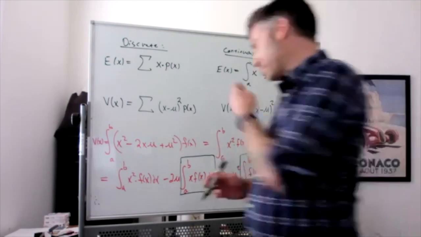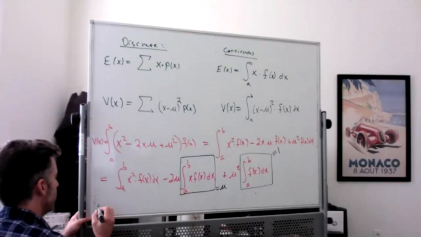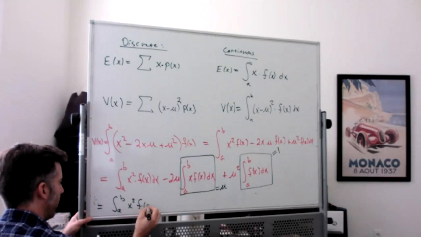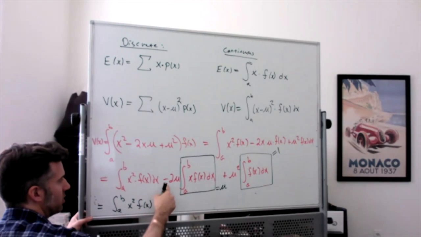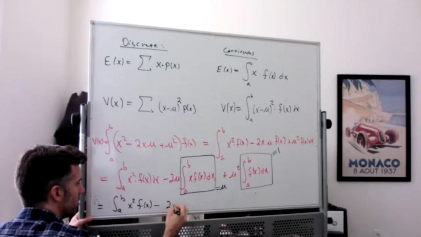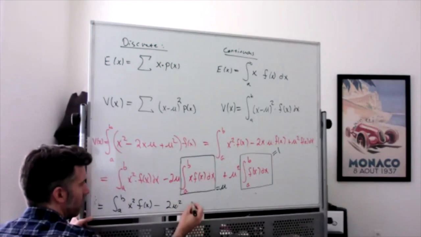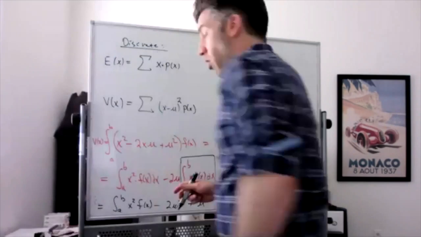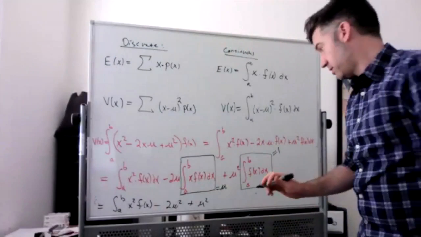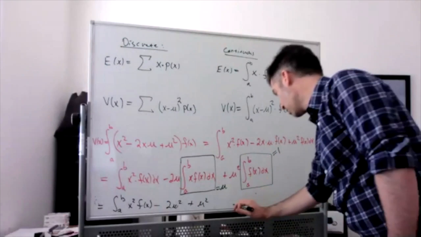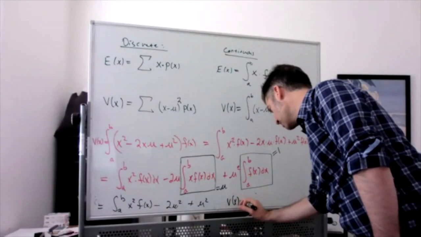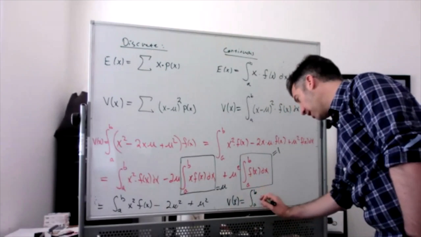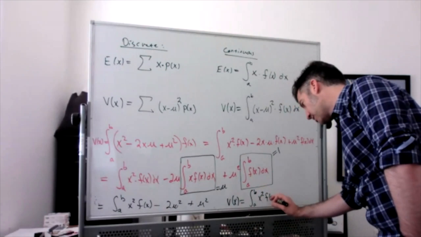So look what we've got. We've got the integral from a to b of x squared times f of x minus 2 times mu, or 2 mu squared, plus mu squared times 1. So the alternate version of the formula for the variance, which is the preferred version, is that the variance is equal to the integral from a to b of x squared times your f of x.